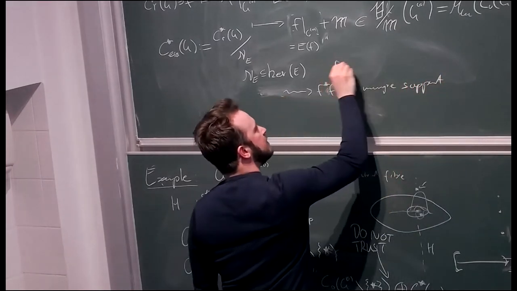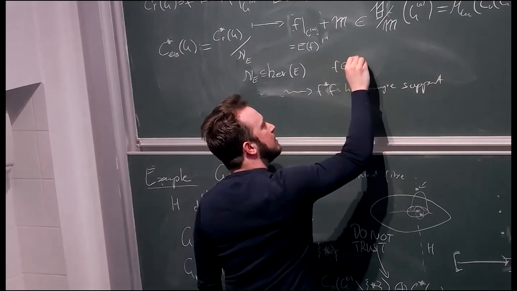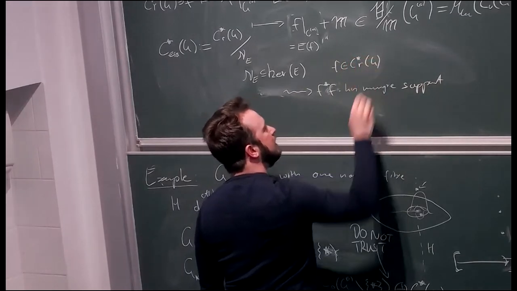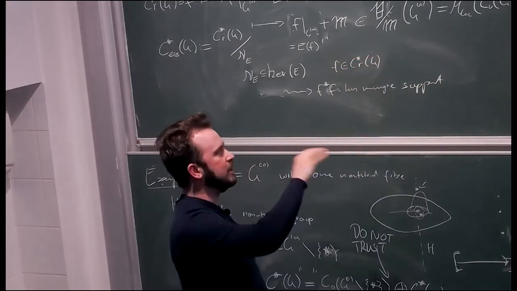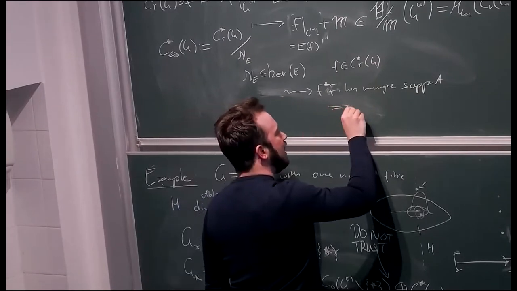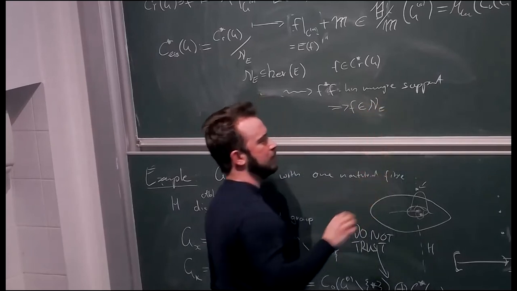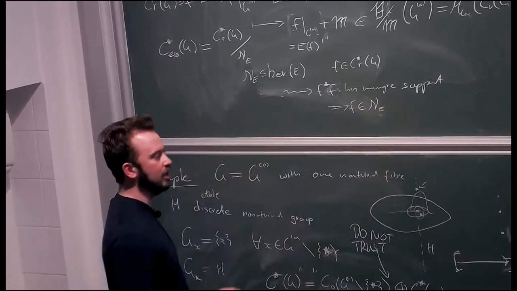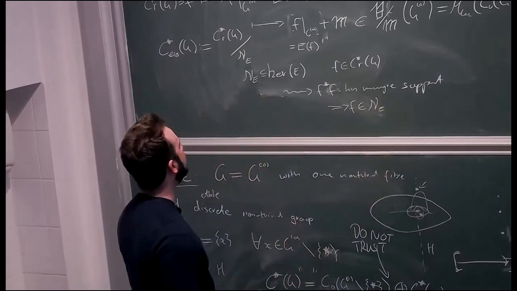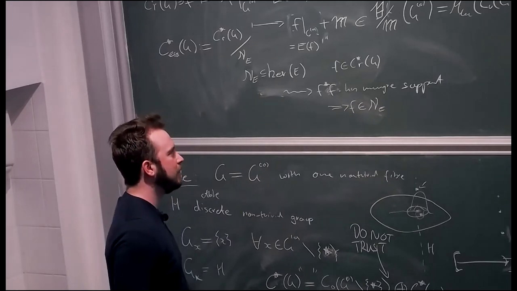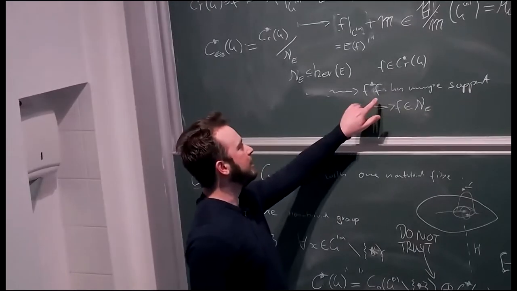So if f is in C star G, and f multiplied by its adjoint has meager support, then f will be in this ideal of what are sometimes called singular elements of the reduced groupoid C-star algebra.